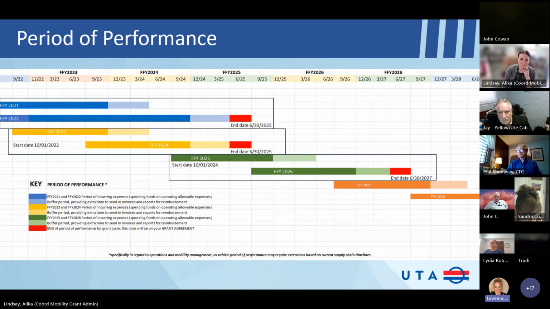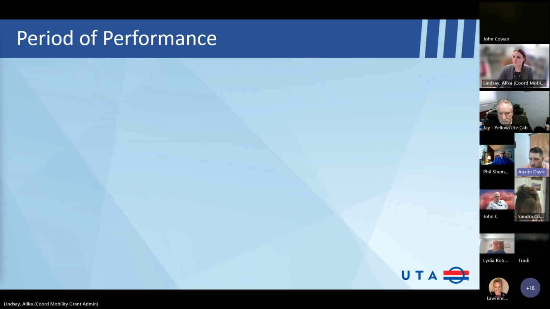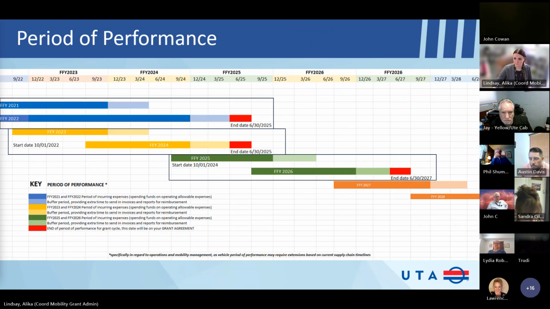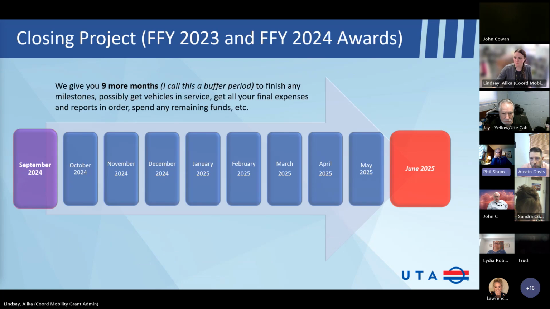Okay, Austin Davis, looks like you have your hand raised next. Yeah, I think I've got just a bunch of questions here that maybe build on each other. So my apologies, first of all. Just to clarify, the FY23 budget, although the period of performance, that buffer period, goes all the way to June of 24, our expenses really need to be up to September of 23, which is the end of FY23.